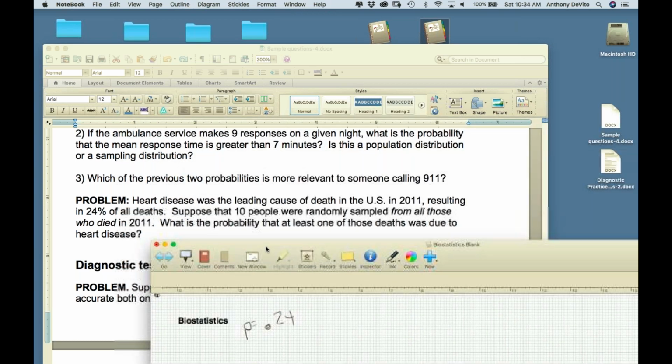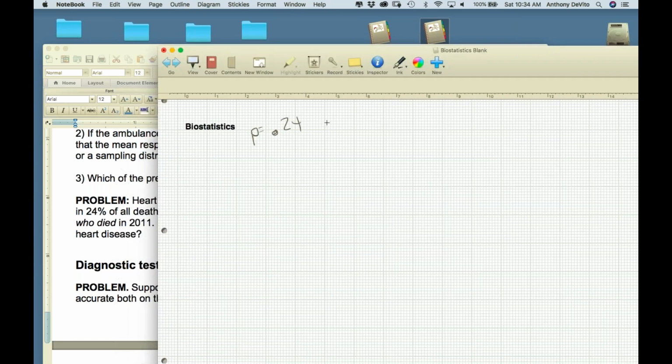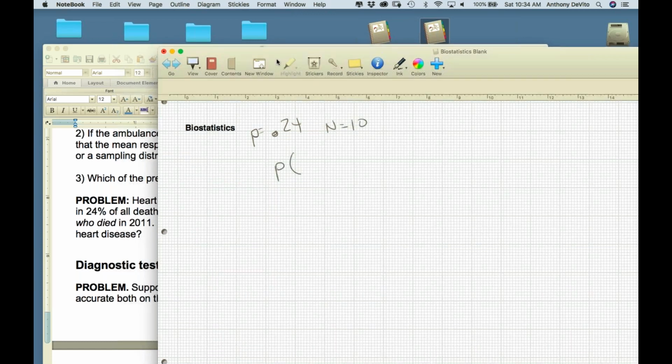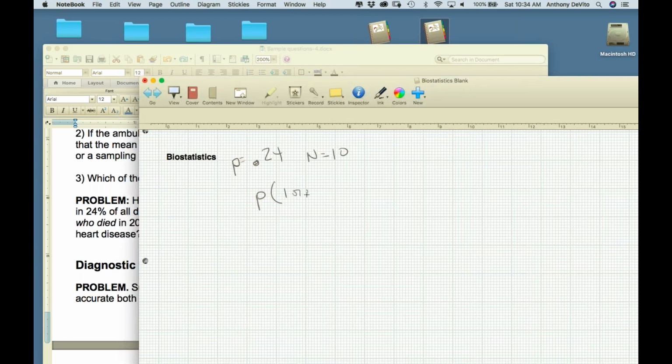So now, if we go in there and randomly select 10 people, in other words, our sample size is 10, what's the probability that we would get one or more people that died of heart disease in our sample of 10 people?